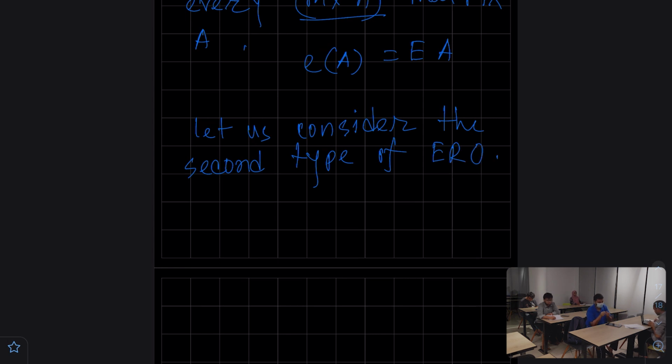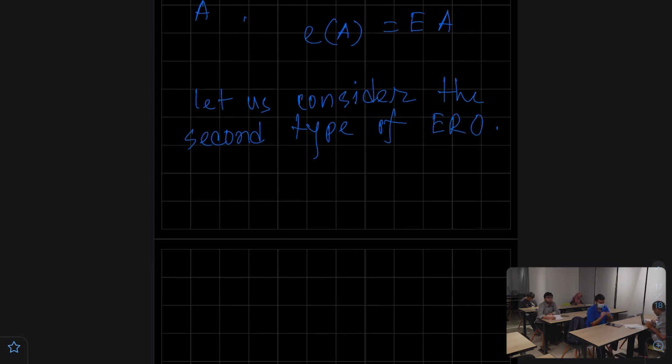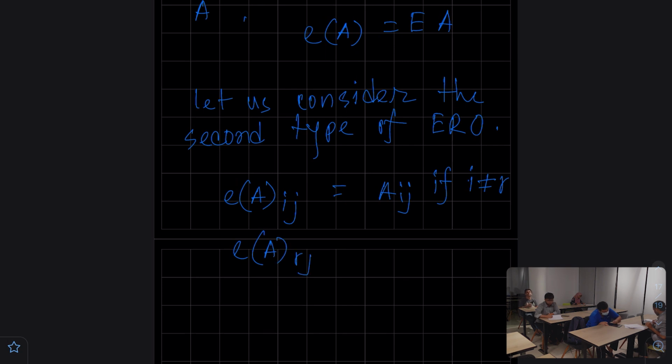For the second type of ERO, we know that e(A)ij equals Aij if i is not equal to r, and e(A)rj equals Arj plus c times Asj.